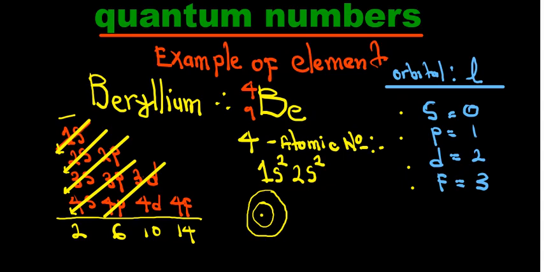In the first shell, we have the principal quantum number equal to 1, and in the second shell we have the principal quantum number equal to 2. If the principal quantum number is equal to 1, it means that n equal to 1 has the highest amount of energy because it is close to the nucleus.